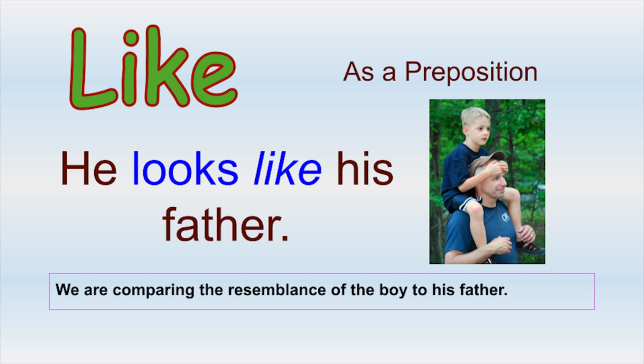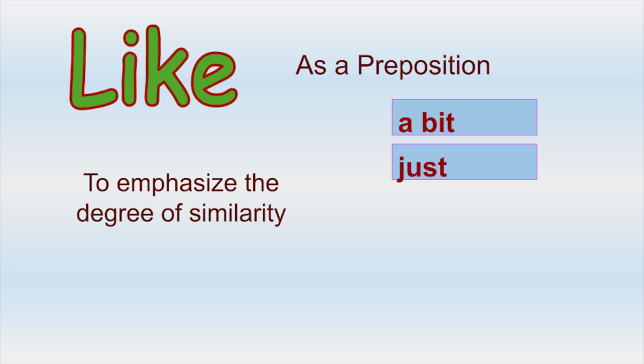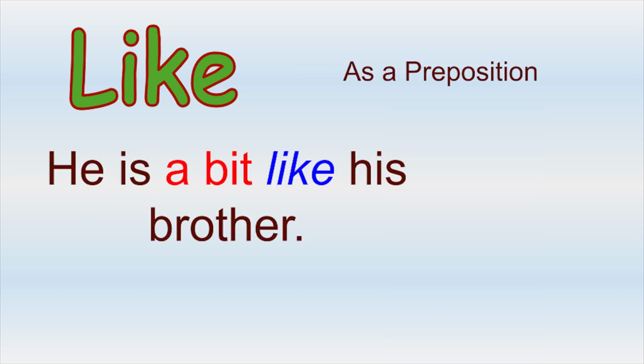When using like as a preposition, we are also able to emphasize the degree of similarity by using words or phrases such as a bit, just, so, so much, more, and very. For example, he is a bit like his brother.